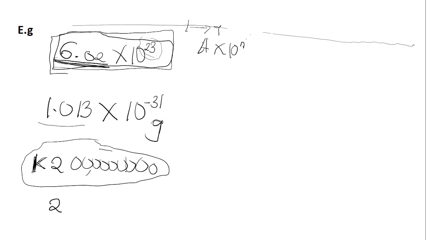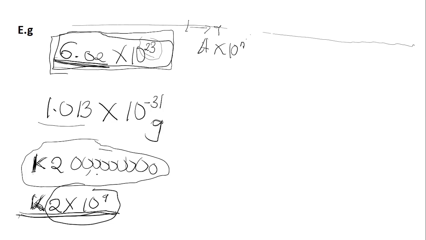So this is the way you present your answers when they ask you to present answers in scientific or standard form. Are we okay? Questions? Is it clear? Yes, it is clear, sir.